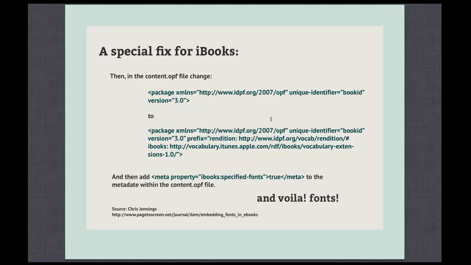You're going to change that second line of coding from what's listed here to what is listed here. And then further down the page under the metadata, you're going to include the meta property iBooks specified-fonts true line. And so then that will display encrypted fonts to iBooks.